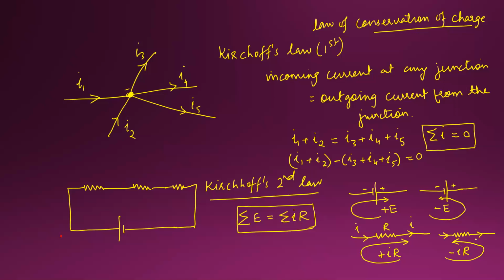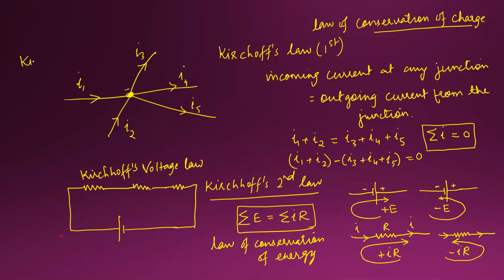So here we are having these two laws, and this Kirchhoff's second law is based on the law of conservation of energy. It is also called Kirchhoff's voltage law, whereas Kirchhoff's first law is also called Kirchhoff's current law.